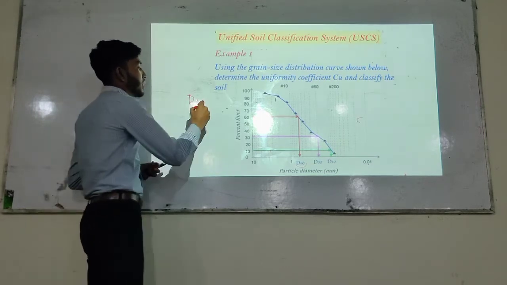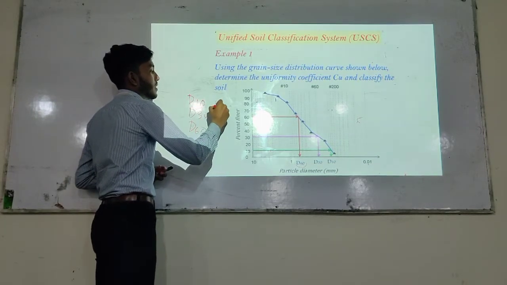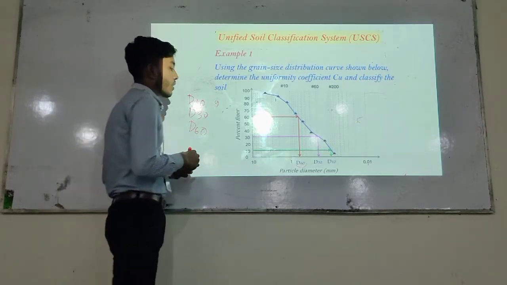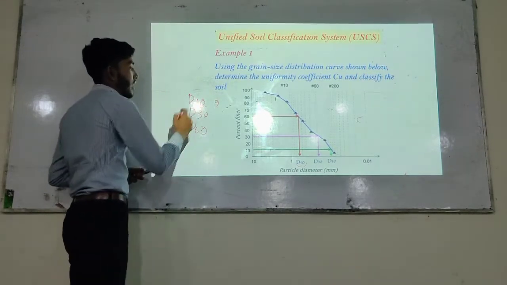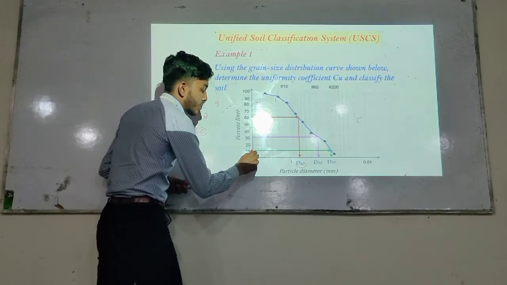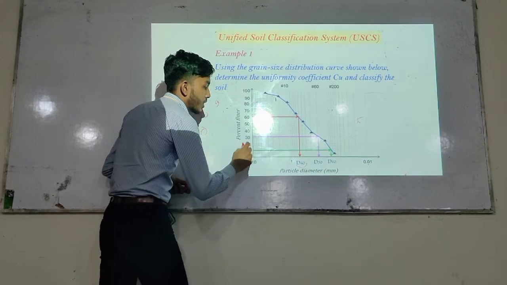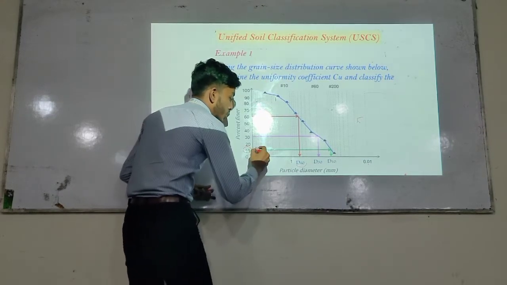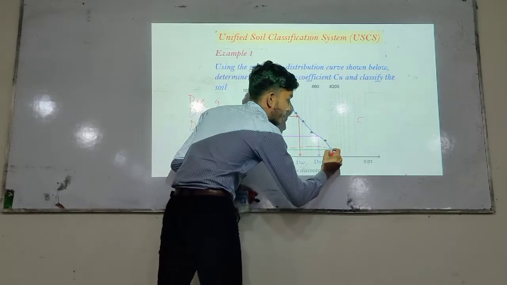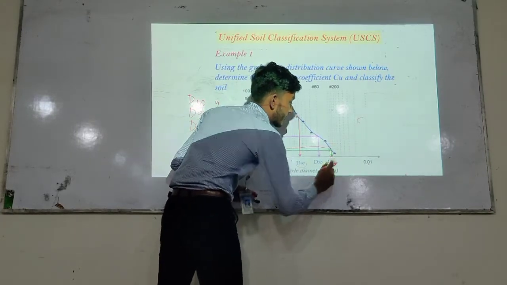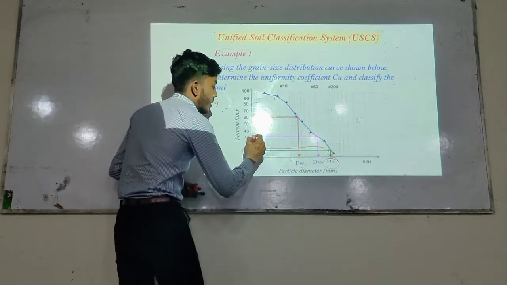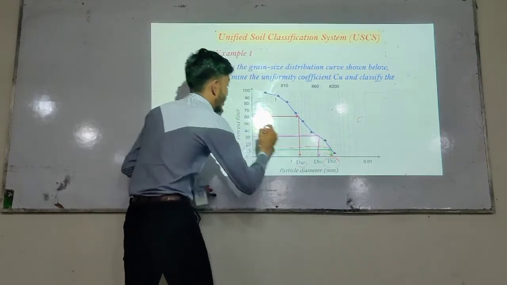D10 means 10% finer and 90% retained on the sieve. To determine D10, we need to draw a line from percentage finer 10%, a parallel line, then a perpendicular line to the sieve size, and this is D10. Similarly, D30, D60.